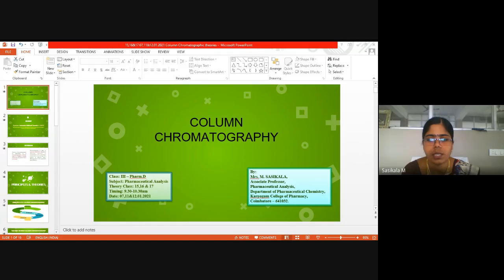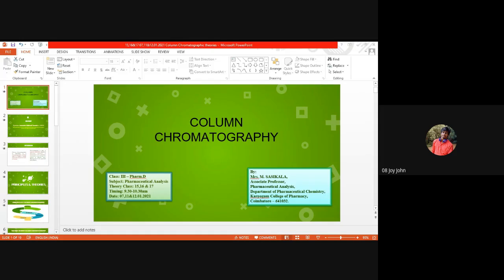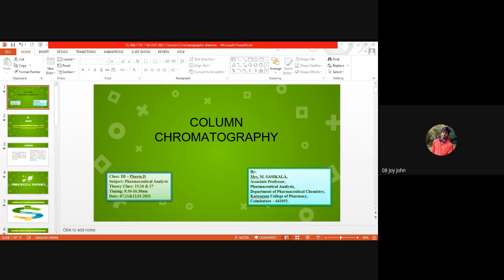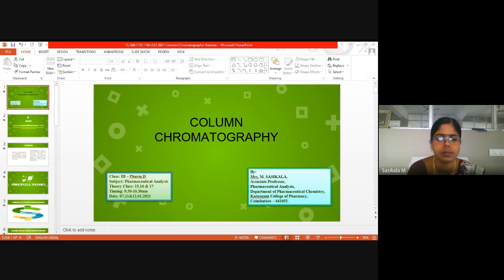Say about adsorption and partition theories, what we have discussed in the last class. Partition theories, they are the column efficiency parameters. What are the parameters we have discussed?